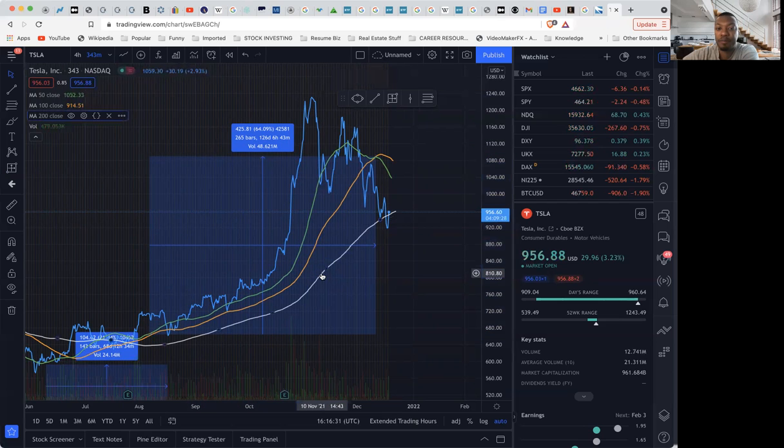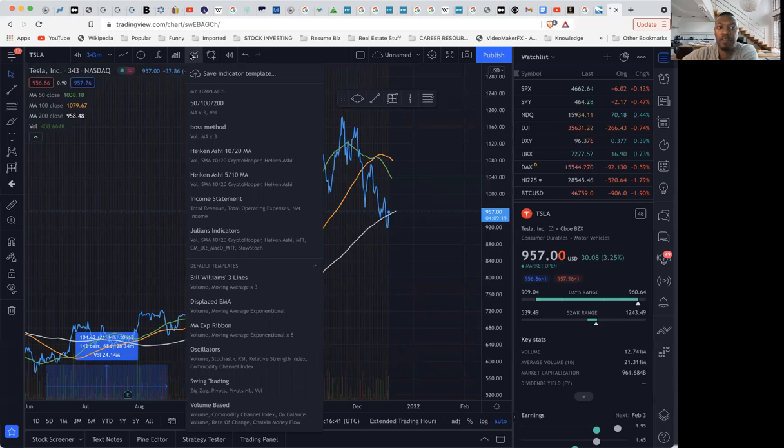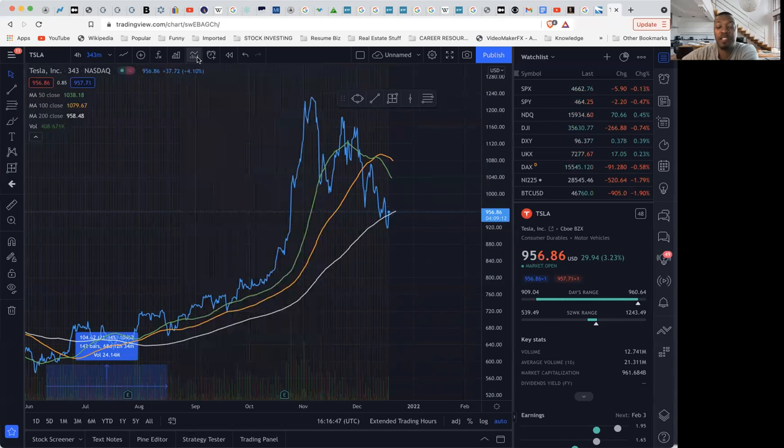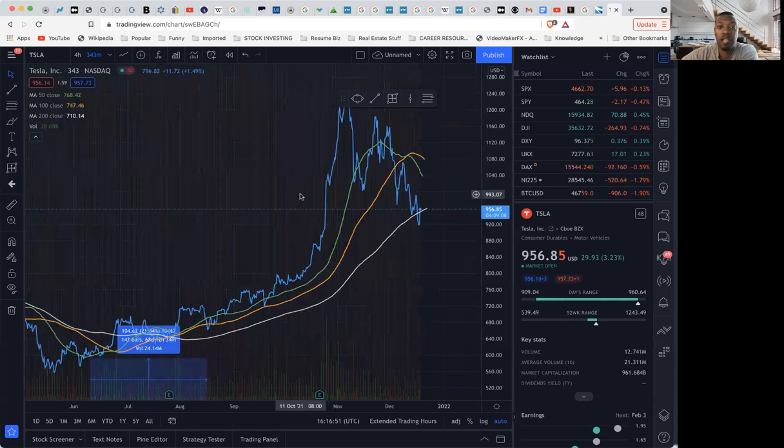So it still works, okay? So those are the main two. There's a third one I use, but that one's like super short term, and I don't even use it that often. But it is good to understand moving averages and just to look at this for different trades.